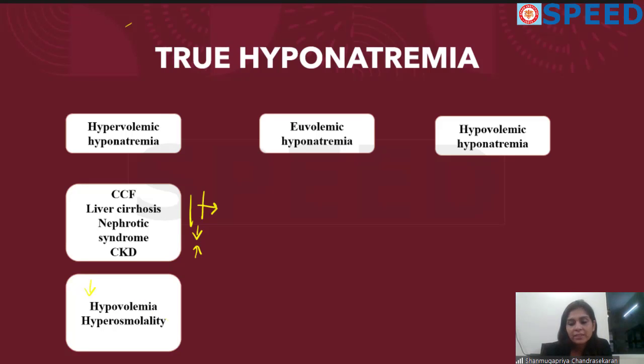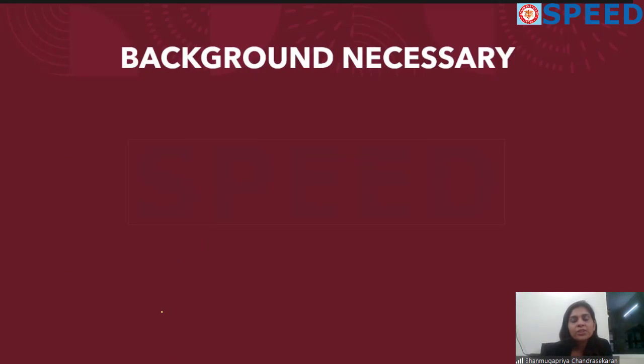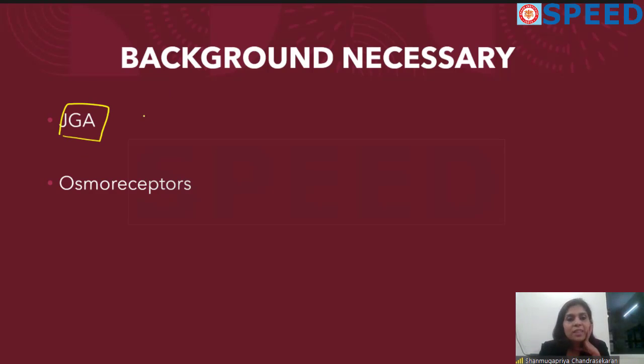To understand the effects, there are two background topics you need to know. One is the JG apparatus and the other is osmoreceptors. First, the JG apparatus. I'm not going to get into the details of the JG apparatus. I want you to just know that there are three components: the JG cells, the macula densa, and the Lacis cells.